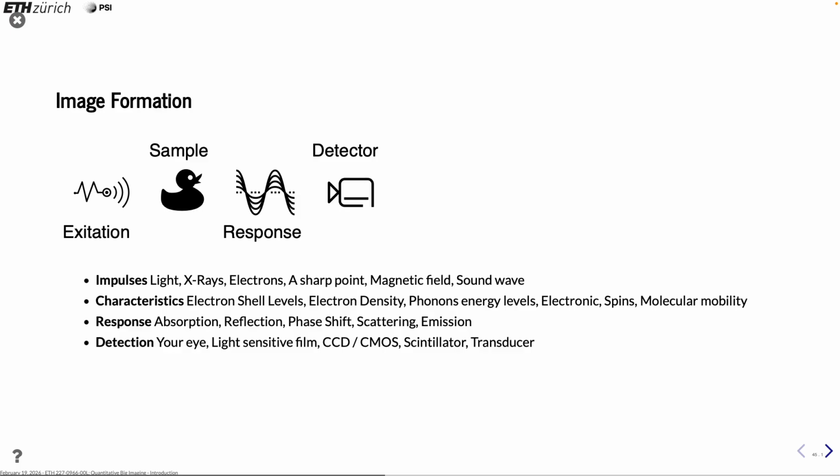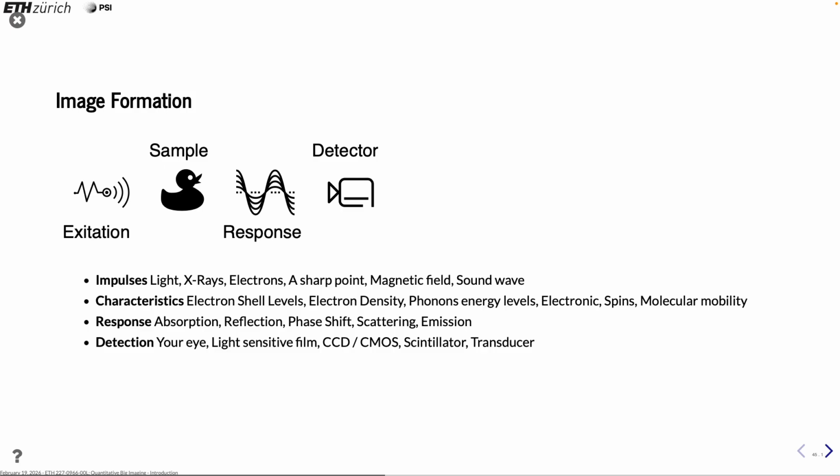The impulses can be X-rays, light, electrons, and so on. And what you're looking for are electron shell levels. You're looking at electron density, phonon energy, and so on. And the response can be absorption, reflection, phase shift, scattering, or emission.